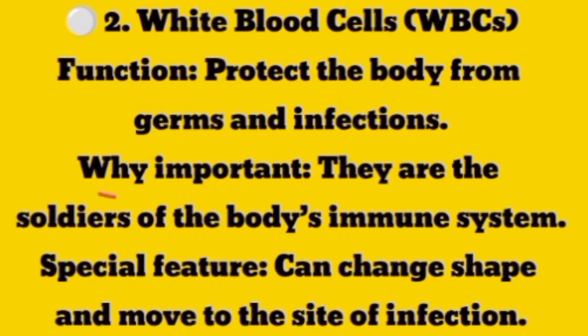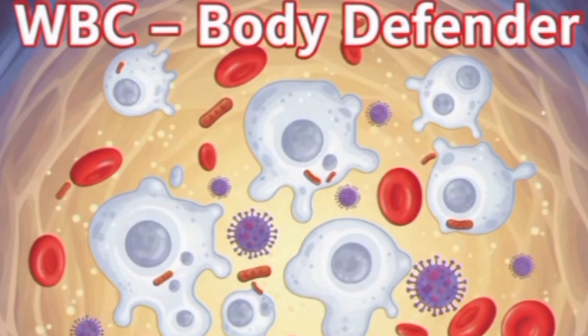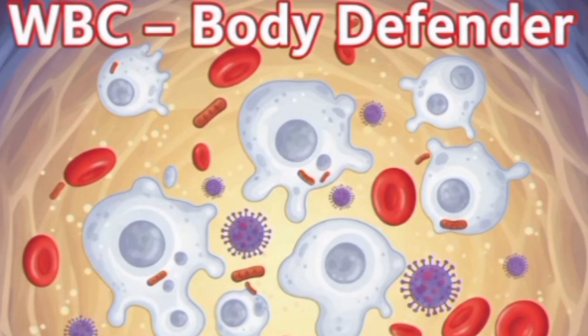And the importance of white blood cells is they are soldiers of the body and produce the immune system in the body. And the special feature of white blood cells is they can change shape and move to the site of infection. So we can say that WBCs or white blood cells are body defenders. They protect the body from germs and infection and produce the immune system.